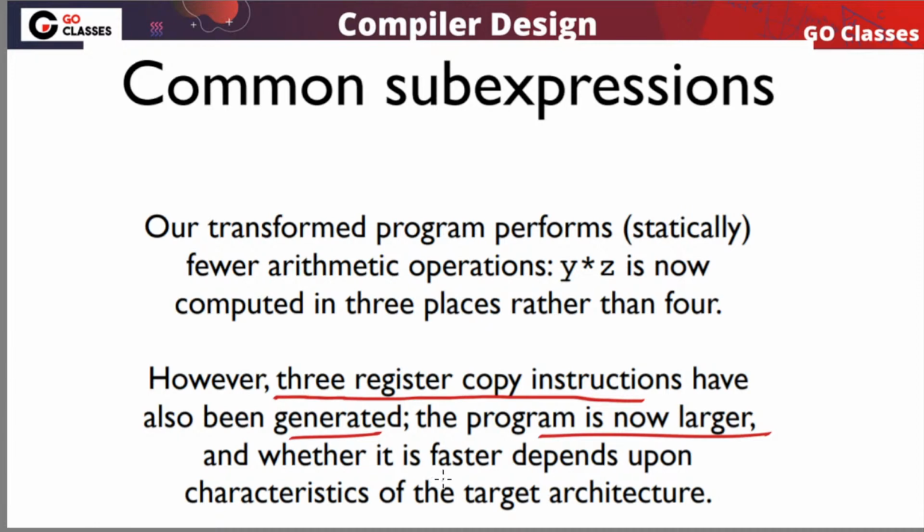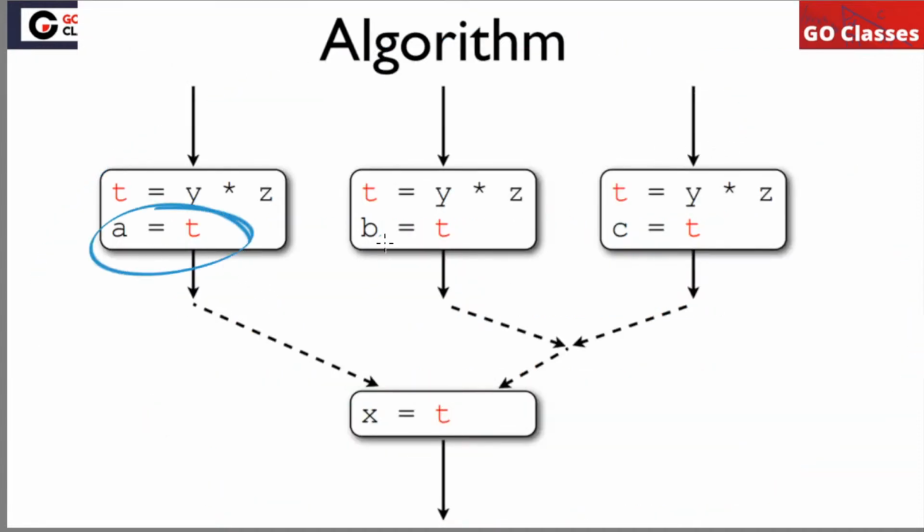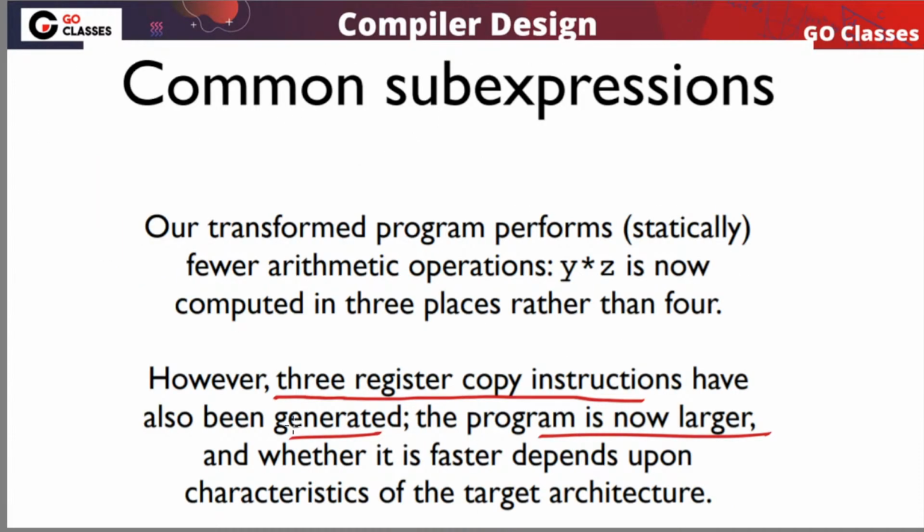Most of the time, when you eliminate common subexpressions, your program will become faster, but it is not necessary. Why? Because your program has gotten bigger, and you can notice many register copy instructions are there. That is the reason whether it is faster or not depends on the target architecture.